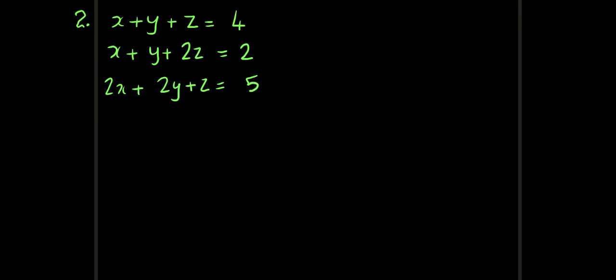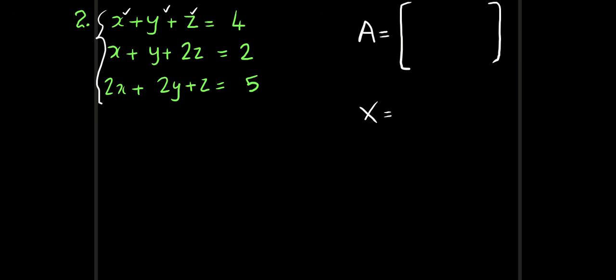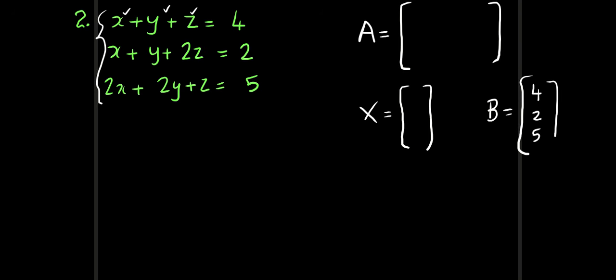So look at this. You're given a system of linear equations. To be exact, we have 3 equations in 3 unknowns x, y, z. So tell me, what is the first thing to do? You collect the coefficient matrix inside A and then the matrix which contains all the unknowns as a column matrix, and finally B is equal to the right side, the constants 4, 2 and 5.